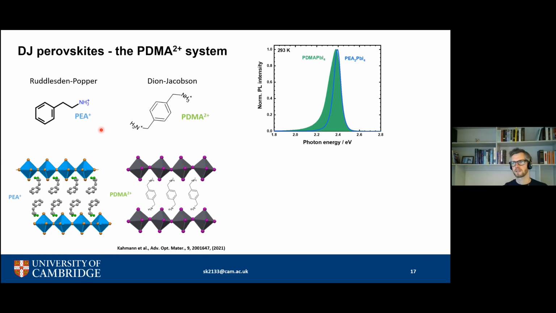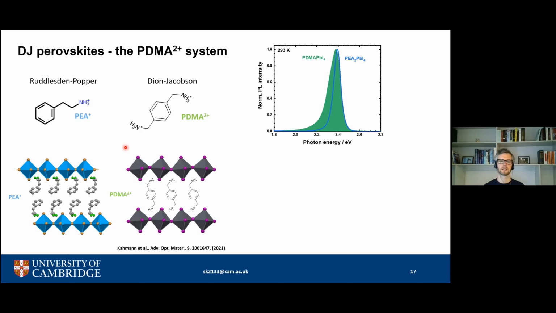Why are we interested in these materials? Well, there's actually a very good argument from solar cells, or just from devices in general. Since they have two functional groups, you only need one spacer cation to create your two-dimensional material. So the distance between the inorganic layers might be reduced, and therefore you can really promote the transport across these layers, or at least we think you can enhance the transport across the layers.